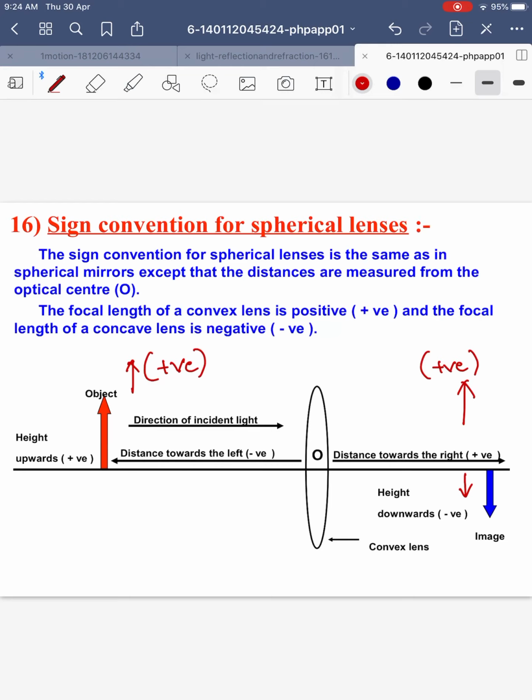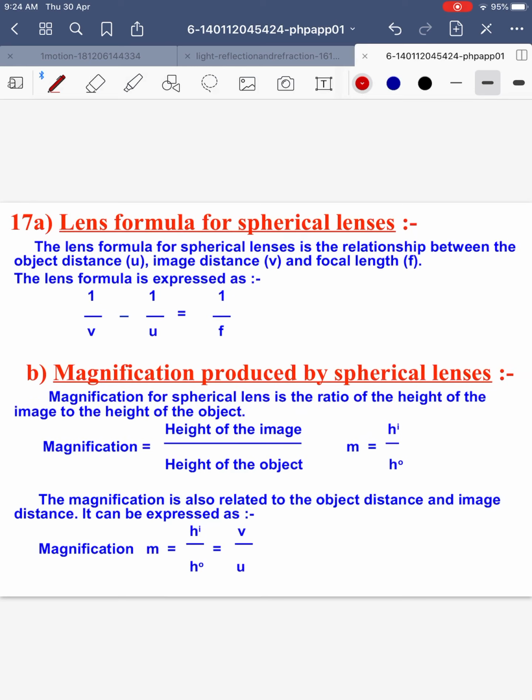Since the object is always placed on the left hand side of the optical center, which is working as our origin, distances measured on the left hand side are taken as negative, and on the right hand side are taken positive. Similarly with the principal axis, distances above are positive and distances below are negative.